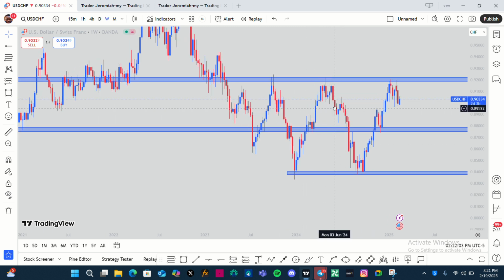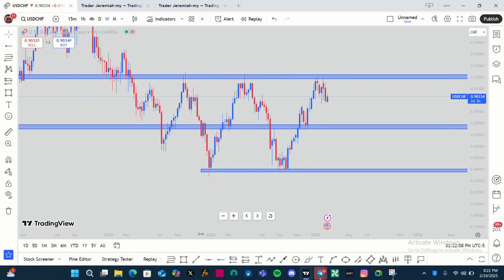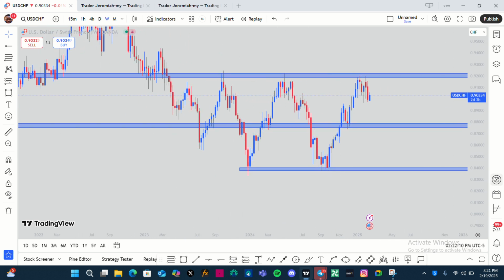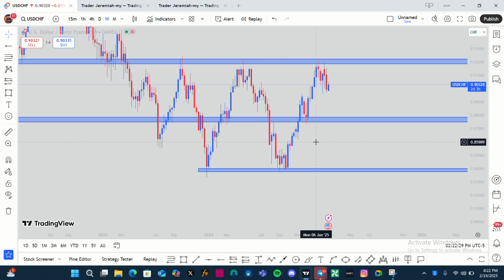That signifies that maybe there might be a change in trend because sellers are not fully in control of the market again. For price to continue, price needs to create a lower high and then come back down to create a lower low. Price was unable to create a lower high, and created an equal high, a double top, and price needs to create a lower low here, but price still fails to create a lower low.